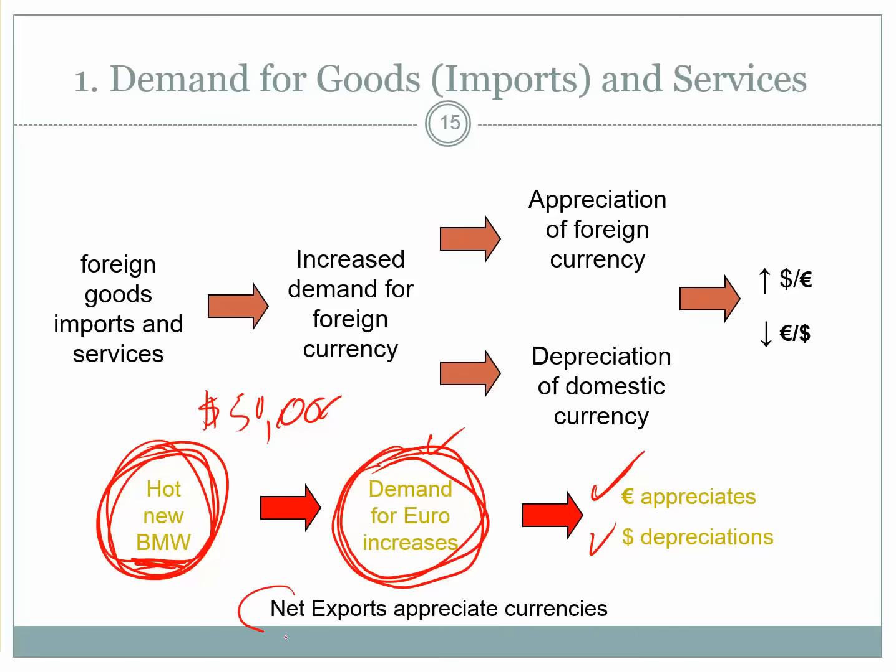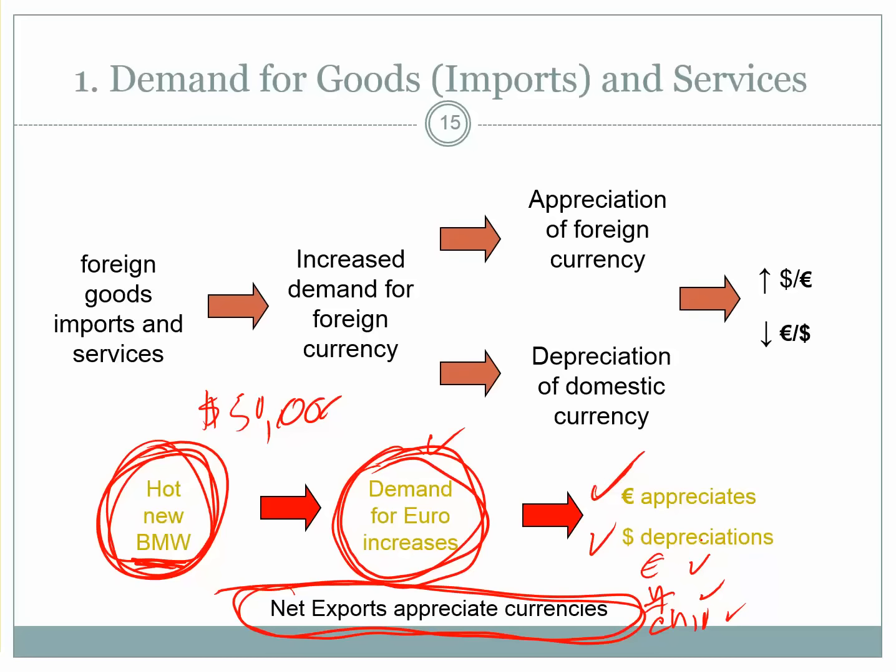So one thing we like to think about is countries that have high net exports. Exports greater than imports will tend to be appreciating currencies. So if you think about the countries with the highest net exports, say Germany within the EU, the Japanese yen and the Chinese yuan, these are countries that are known to have high exports.